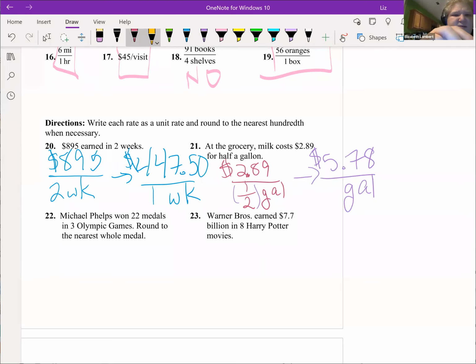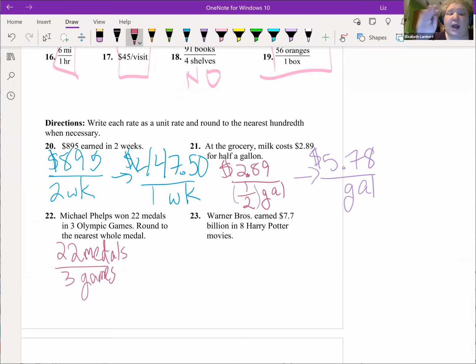All right. Michael Phelps won 22 medals in 3 Olympic Games. Round to the nearest whole medal. All right, so 22 medals in 3 games. And so we're going to just straight up divide 22 divided by 3, and we get 7.33333.